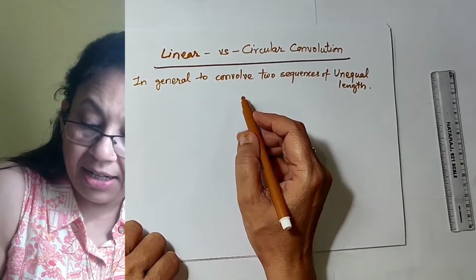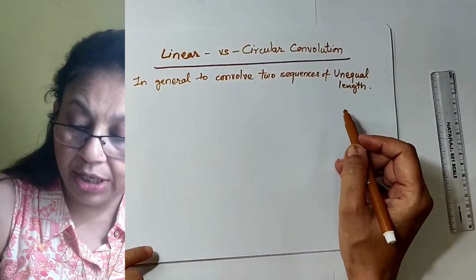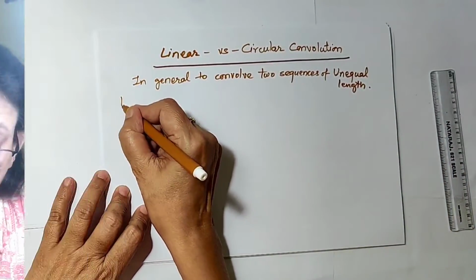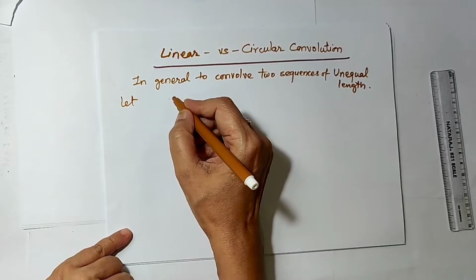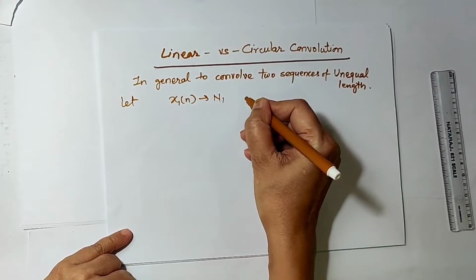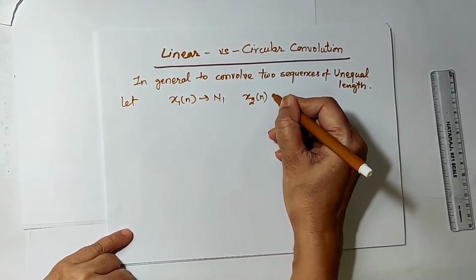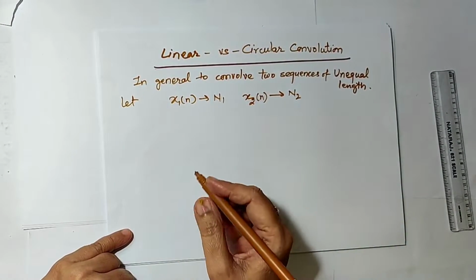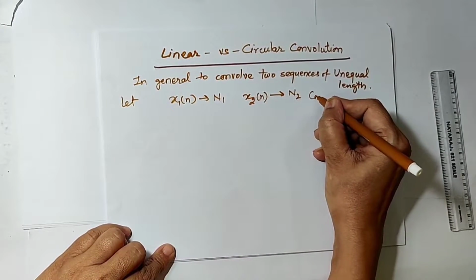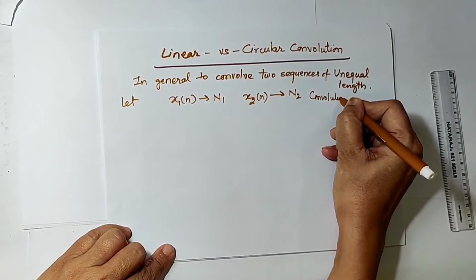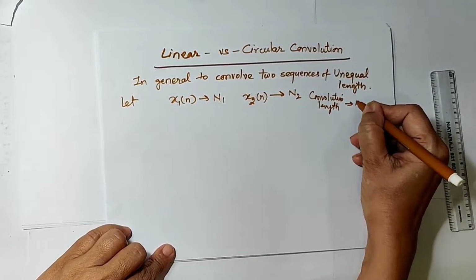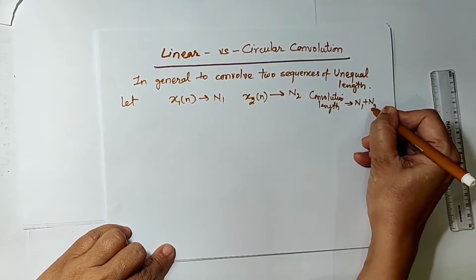Now in general, to convolve two sequences in circular convolution with unequal length, let x1[n] have length N1 and x2[n] have length N2. So its convolution length is N1 plus N2 minus 1.